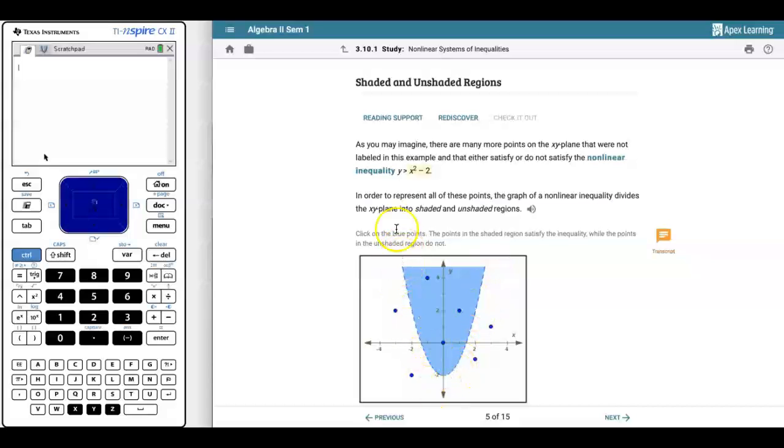But it's when we get this inequality symbol that we have to consider the shading, and again, you can see now this is a dashed line, okay? But this now is showing that the shaded region are all the points that are included in the solution set.